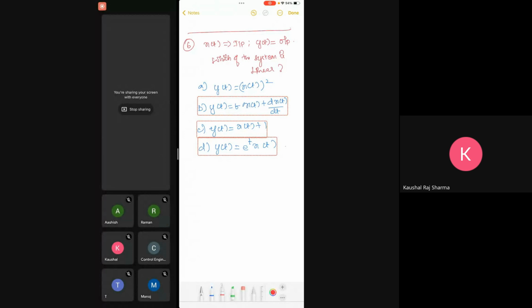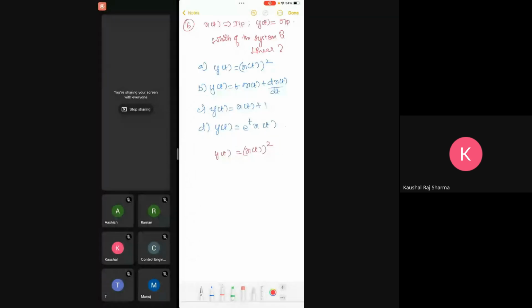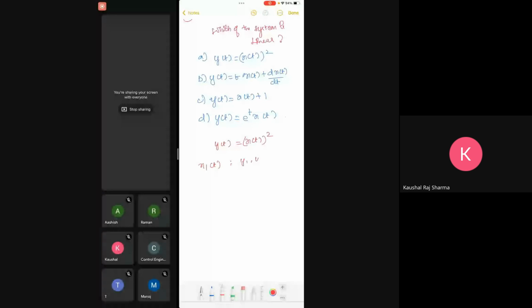We don't know how many are linear. Right. So for the first question, considering y of t equal to x of t the whole square. Now replace x with x1 and y with y1 and y2.